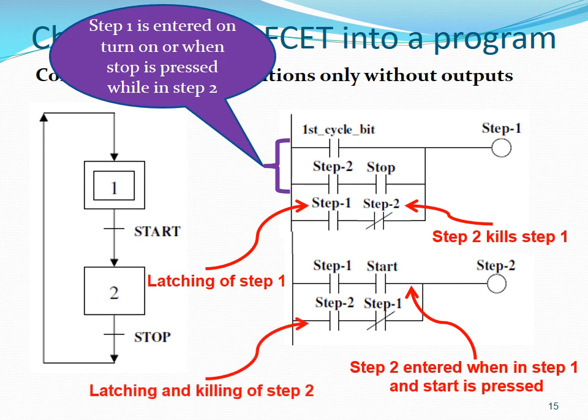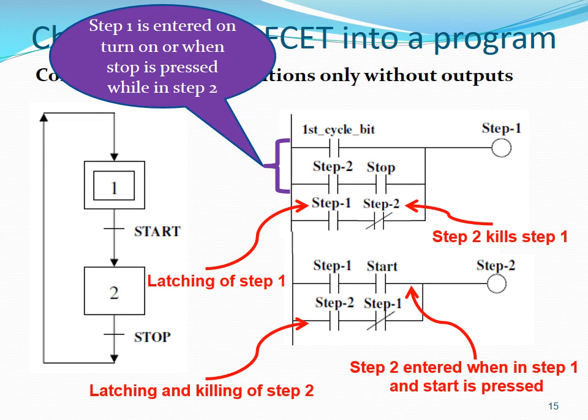In a similar manner, we will also need to latch and kill step 2. The second line on the rung for step 2 is used to latch and kill step 2. The normally open contacts step 2 are the ones that are used to latch step 2, and the normally closed contacts step 1 are the ones that are used to kill step 2.